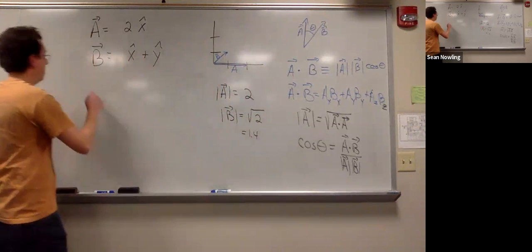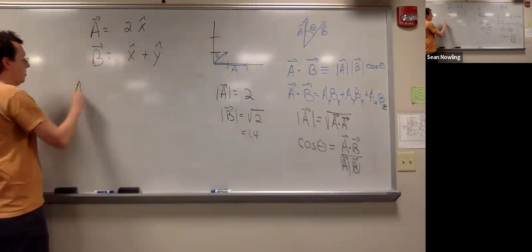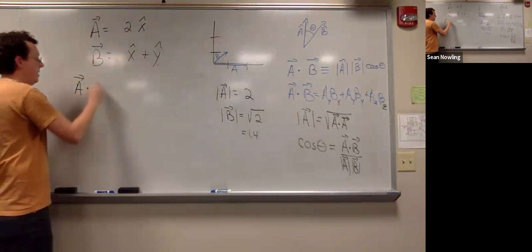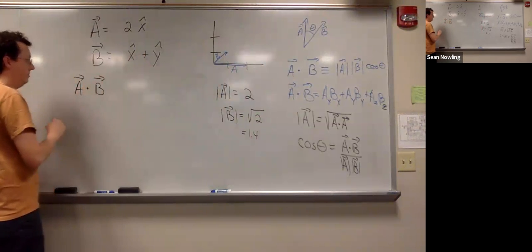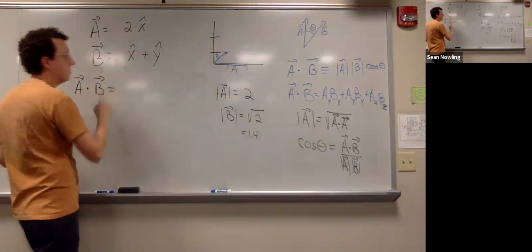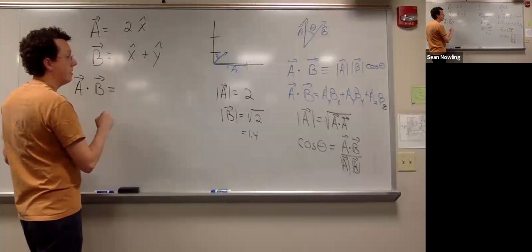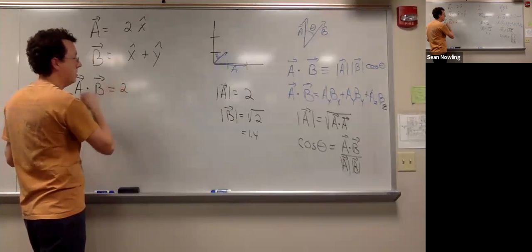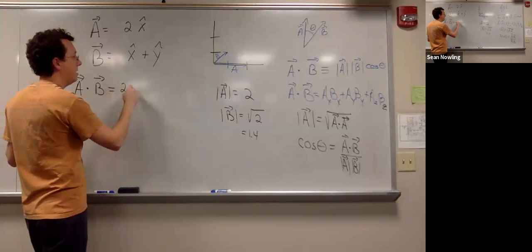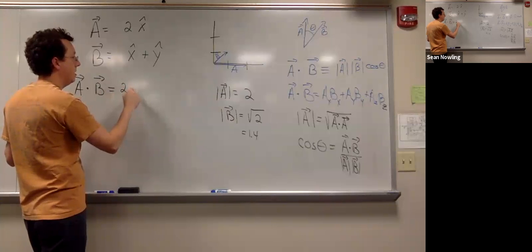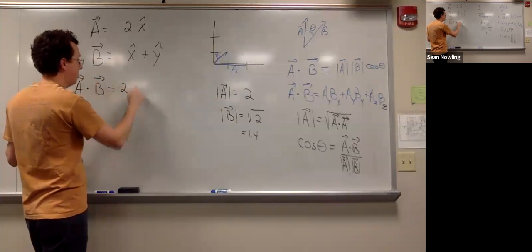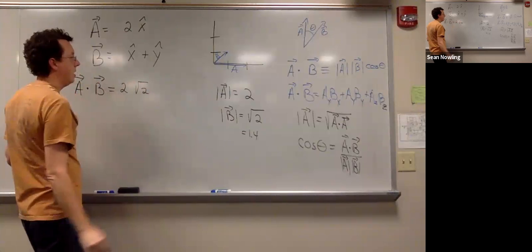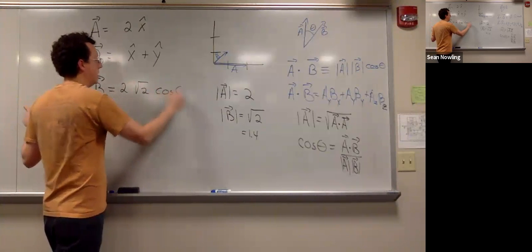So now we can immediately write down A dot B, and that equals the magnitude of A, which is 2, times the magnitude of B, which is square root of 2, times cosine of theta.